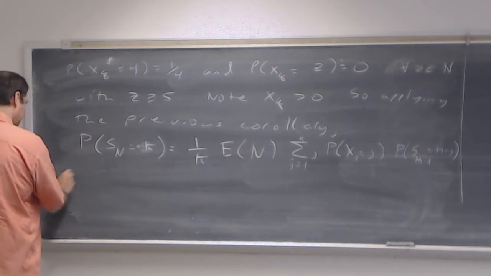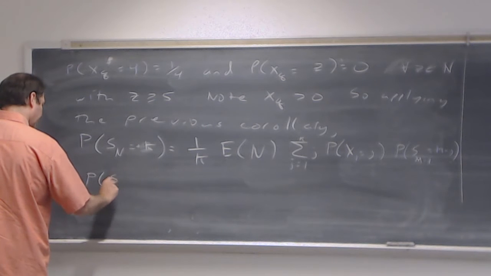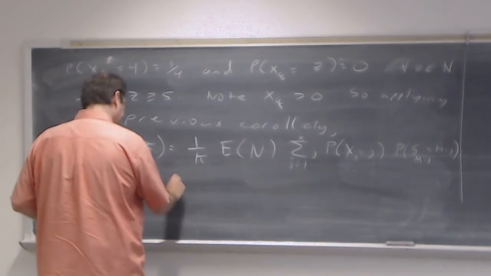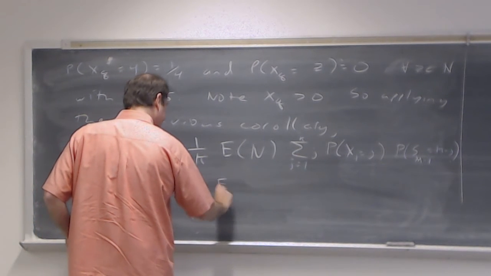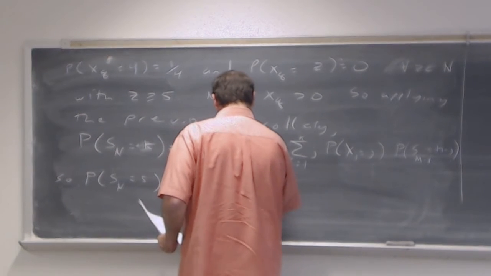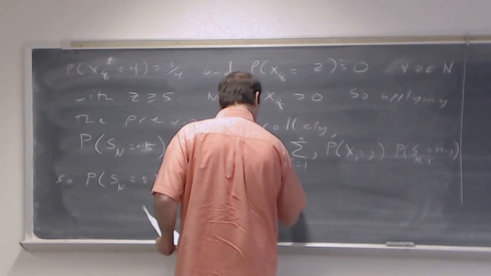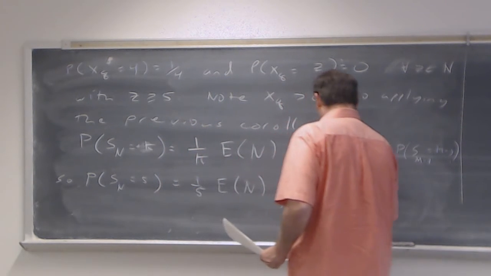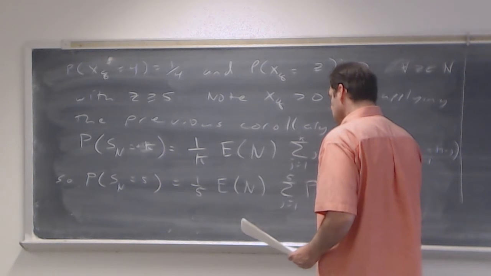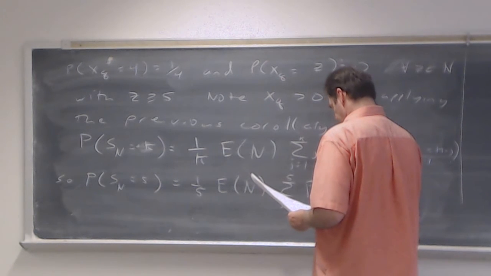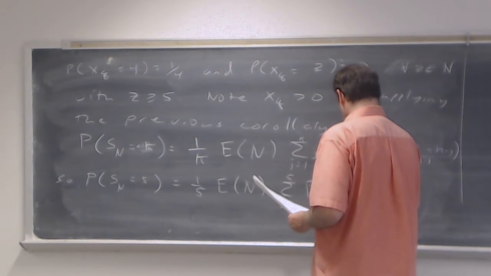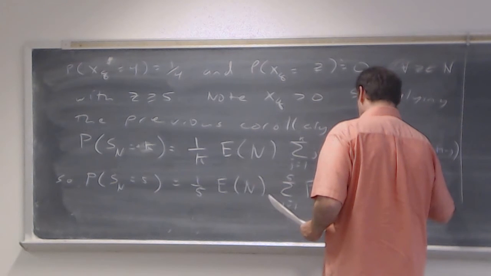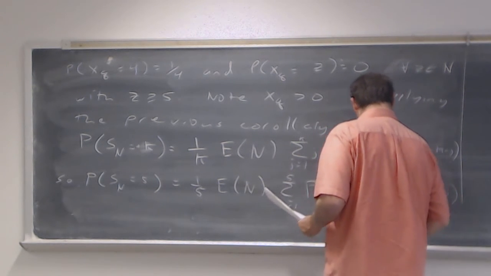So, the probability that S of N equals 5 is equal to 1 over 5 times the expected value of N times the sum as j runs from 1 to 5 of j times the probability that X of 1 equals j, times the probability that S of M minus 1 is equal to 5 minus j.